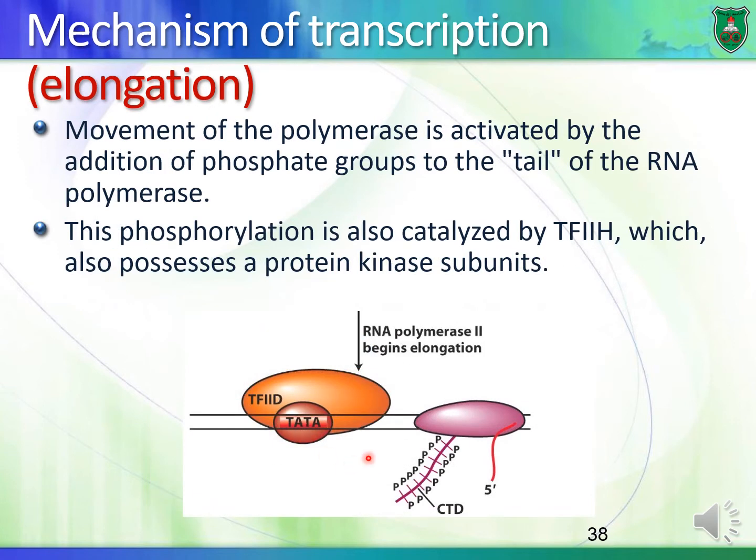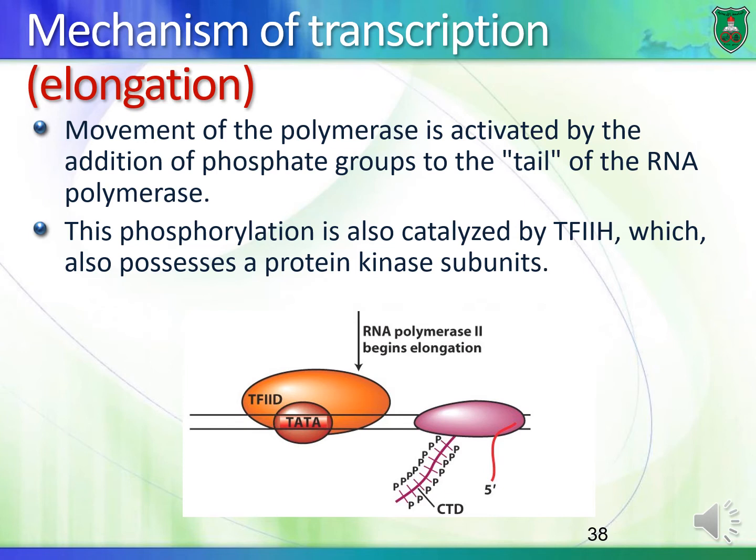Elongation then goes on, and by the way, elongation is catalyzed by phosphorylation of the tail of the RNA polymerase. So the RNA polymerase keeps sitting on the promoter waiting for its tail to be phosphorylated. Once it's phosphorylated, it can then start moving and start RNA synthesis.